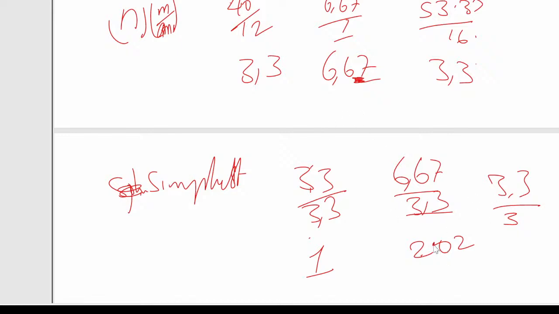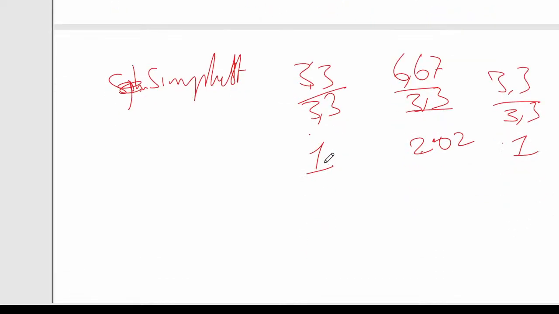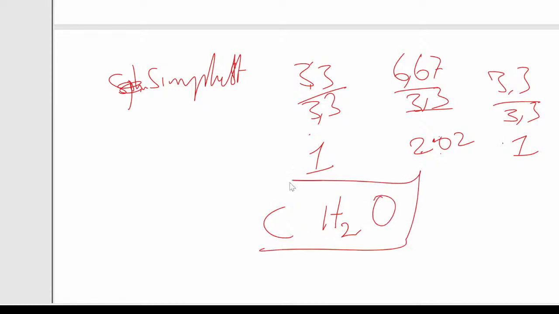Then the oxygen is 3.33 divided by 3.33, so it's also 1. So basically it's going to be 1 carbon, 2 hydrogen, and 1 oxygen. So this is the empirical formula we are looking for.